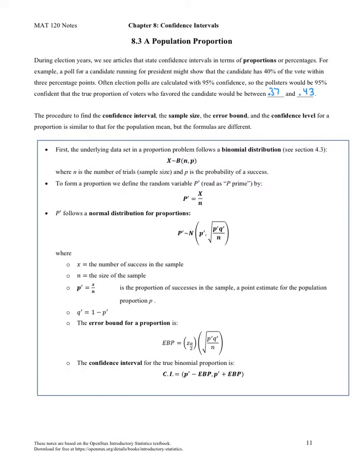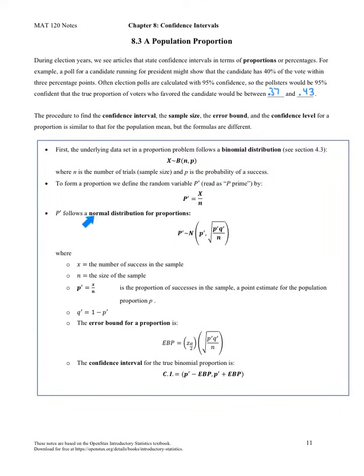The underlying data set in a proportion problem follows a binomial distribution, like we learned back in 4.3. Please recall, n is the number of trials, and p is the probability of success. To form a proportion, we define the random variable p prime, and we represent it by the random variable divided by our sample size.